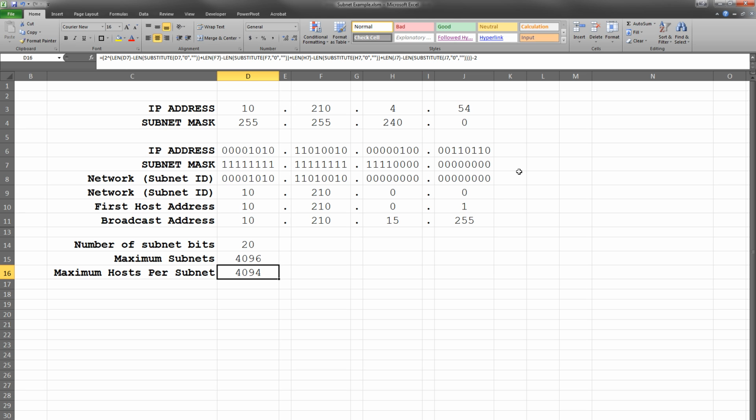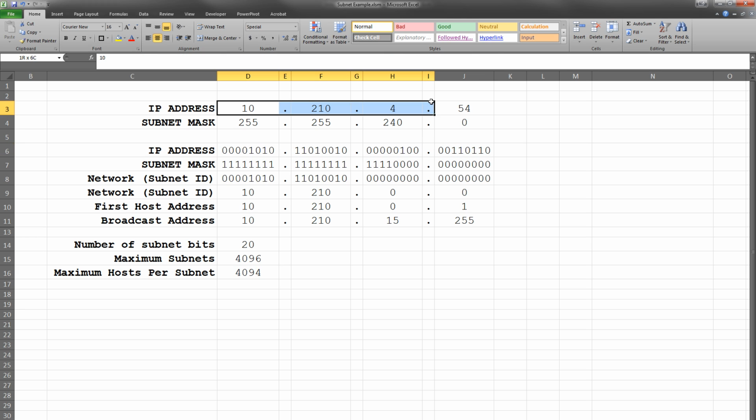And here's how we find our network address. We take our IP address, which is just this number in binary. We have our subnet mask, which is simply this number converted to binary, and we do our bitwise AND. So we go bit by bit and look: are both of these 1s? No, they're not. That's a 0. Are both of these 1s? No, they're not. That's a 0. And so on until, are both of these 1s? Yes. Then that's a 1.